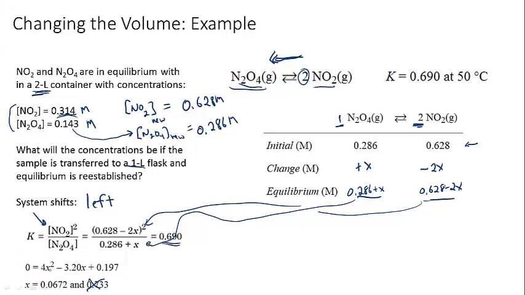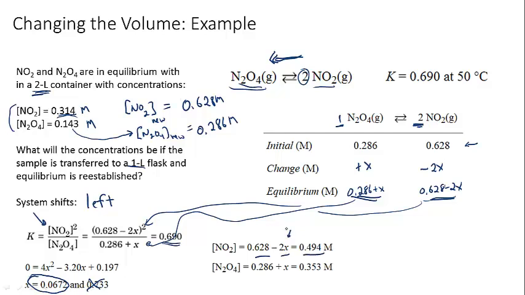So we now know X, and we know our initial concentrations and our final concentrations in terms of X, so we can find our final concentrations. The NO2 is going to be 0.628 minus 2X, using the X we found from the quadratic equation, which gives 0.0672 molar. And the N2O4 concentration is going to be 0.286 plus X, and that comes out to that.